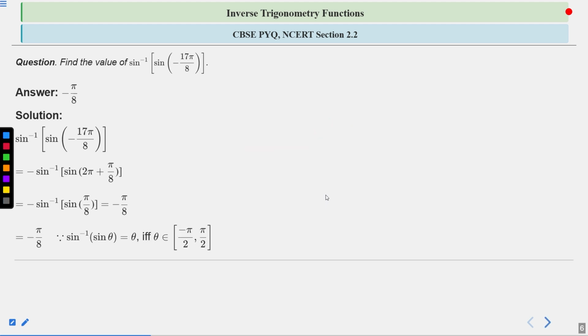So the correct answer will be minus pi by 8. Now we will also check whether this minus pi by 8 lies between minus pi by 2 to pi by 2 or not.